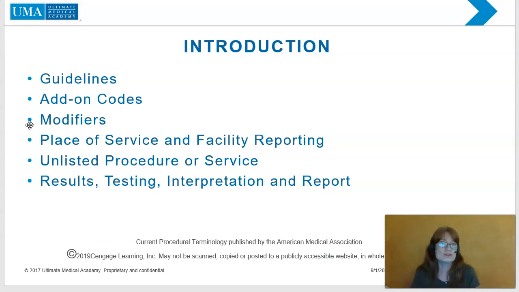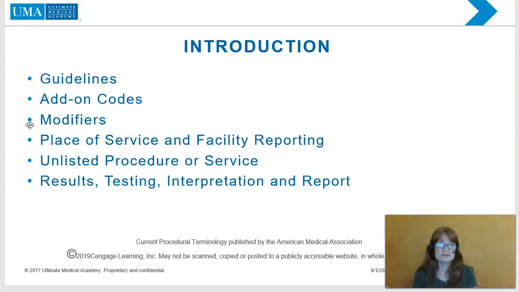Take all of this terminology at face value. Place of service is the location where the patient and the physician interacted. Was it in the office? Did the doctor come out to the patient's home? That's a different place of service. Did the doctor see the patient in the emergency room? That's a different place of service.